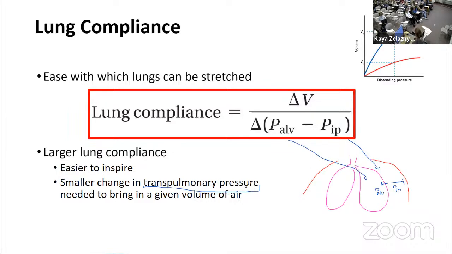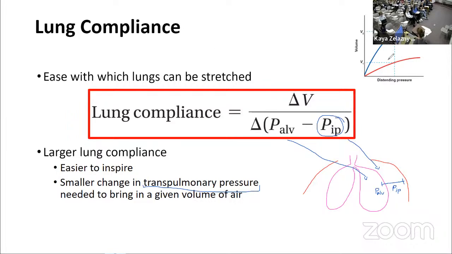This transpulmonary pressure, we do refer to as a distending pressure, which was a term we could have used about the vasculature, our arteries and veins as well. It's a force across a wall exerting like a pull or a push, kind of. So what we're saying here is that we only need to change that intrapleural pressure, that alveolar pressure a bit in order to get enough volume moving into the lungs if we have high compliance.